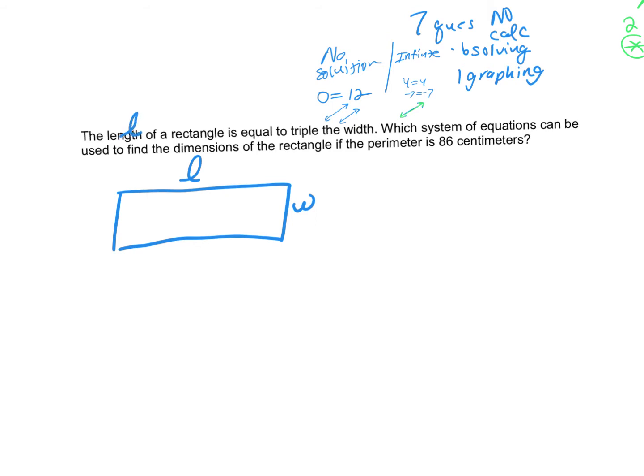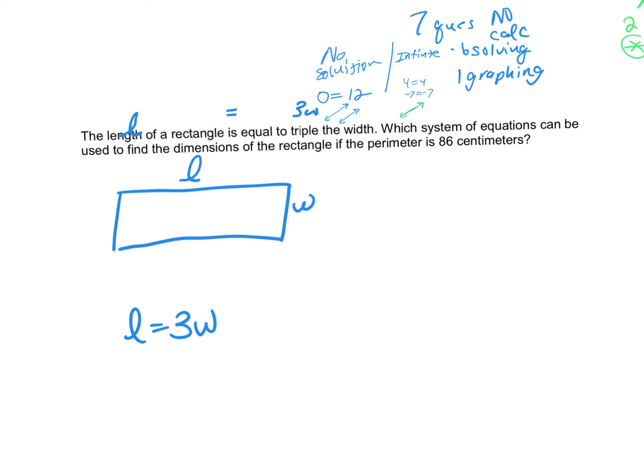So L, and then it says is. What does is mean? Is equal to triple the width. 3W. There's your first equation, guys. L equals 3W.